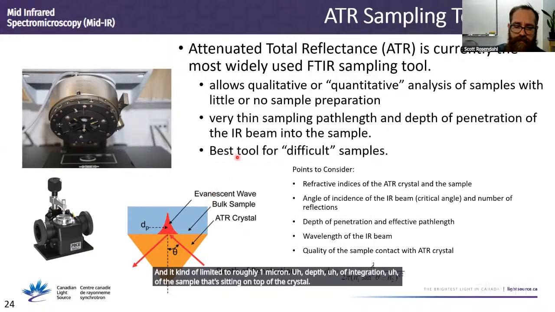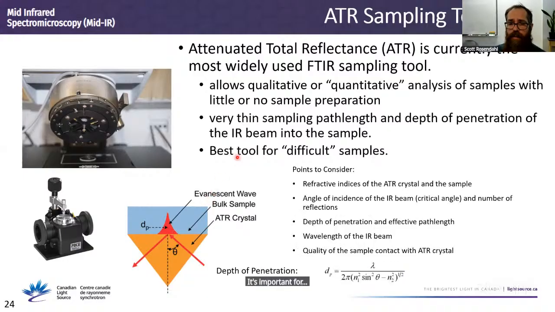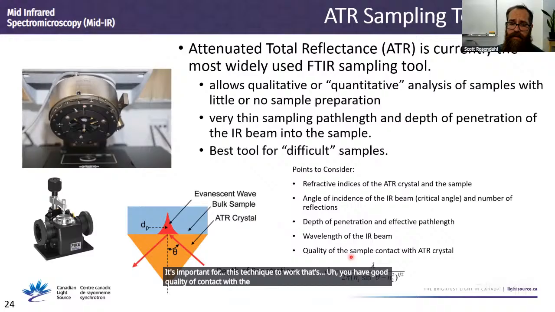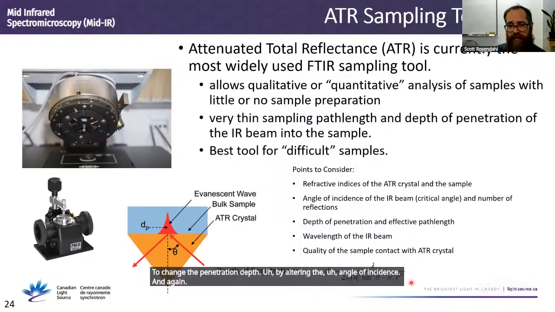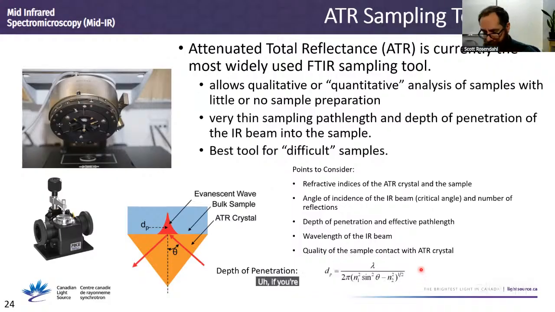It's important for this technique to work that you have good quality of contact between the sample and the crystal material that you're looking at. You can change the penetration depth by altering the angle of incidence. And again, this all follows this wonderful equation here if you're really, really interested.